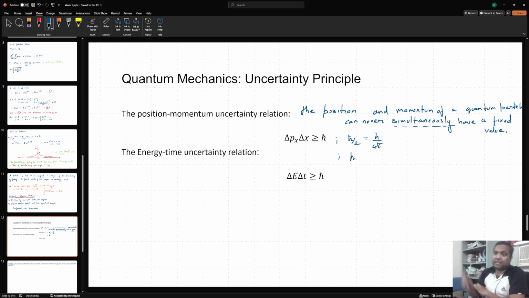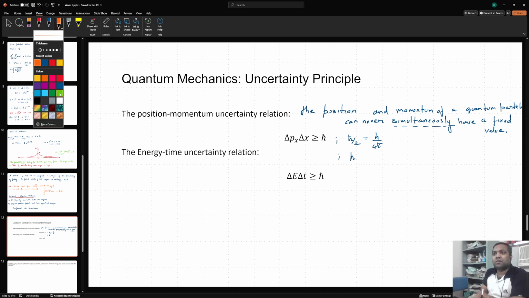Now, what do I mean? What I mean is the following. Let us say I am using some device, I don't know what it is, some kind of a machine. I will use the language of the people who founded quantum mechanics.